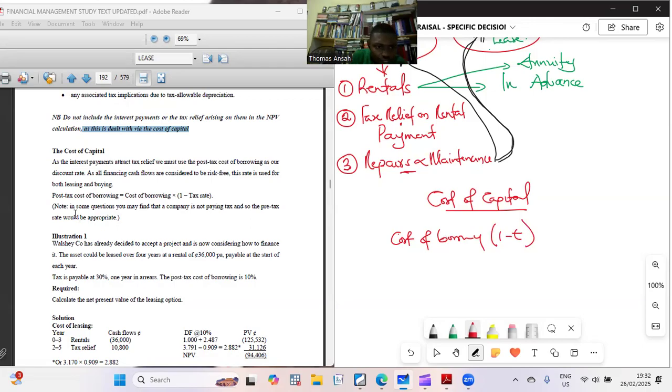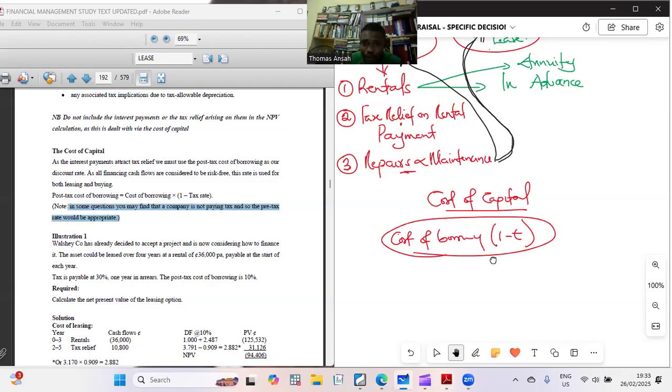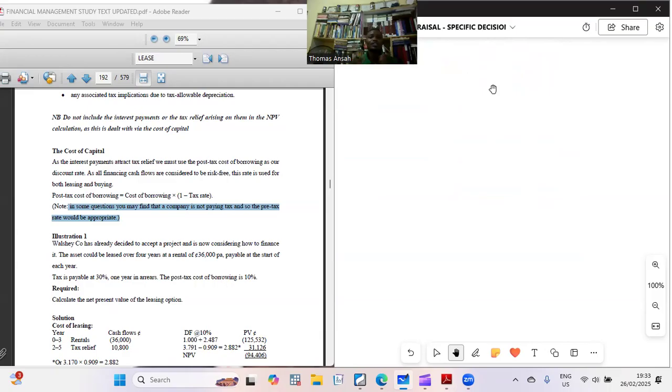And I've put here a note: in some questions you may find that the company is not paying taxes, so pre-tax will be appropriate. All right, even though we are saying use post-tax, when you have a question with a company that is tax exempt, you cannot still use post-tax because they don't pay tax. As simple as this. All right, so let's take a quick look at this example, then I'll go to your revision question, then we will look at that. Now look at this question here.